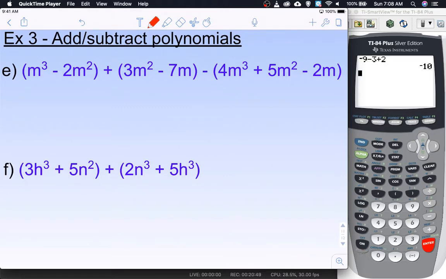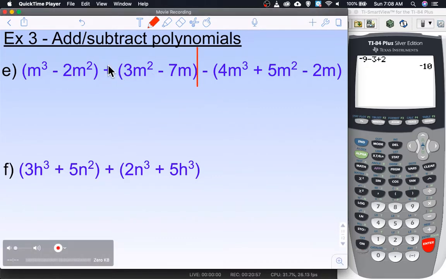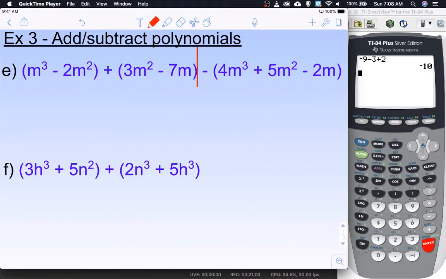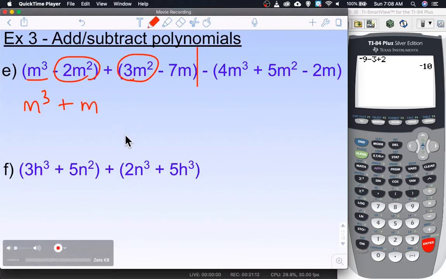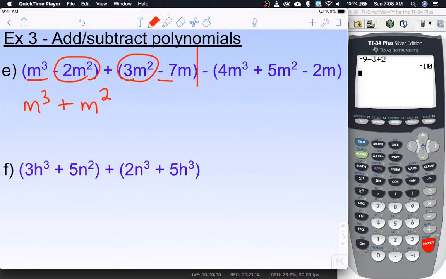All right, so out of the first two, I'm just looking up here first. Since it's a plus, I don't have to worry about distributing the -1 through. There's only one m cubed. There are two m squareds. There's only one m to the first power.